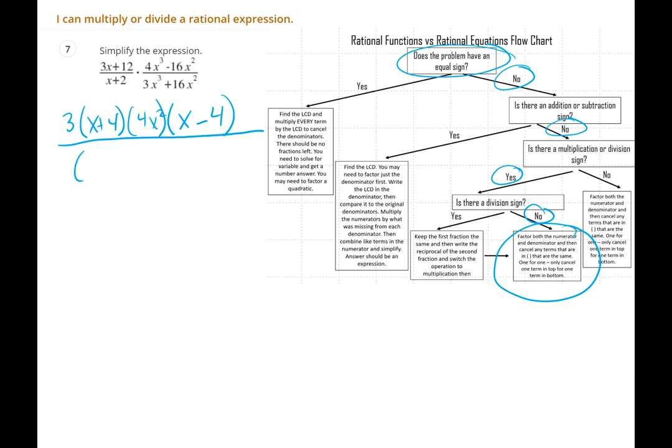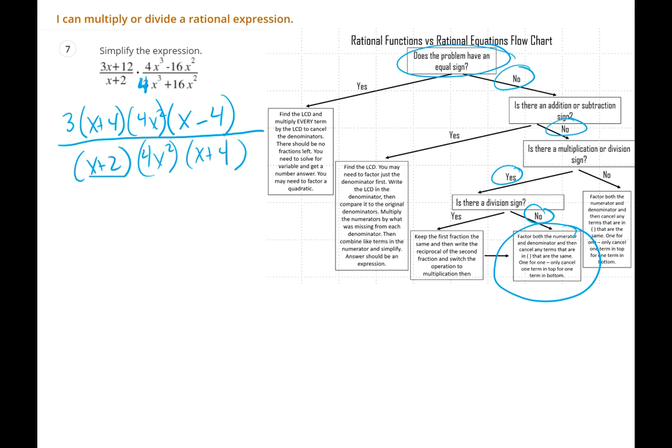This is just going to be an x plus 2. I'm going to take the greatest common factor out here, and I believe that there is another typo. This should be a 4 right there. So I'm going to take out a 4x squared, and I am left with x plus 4.